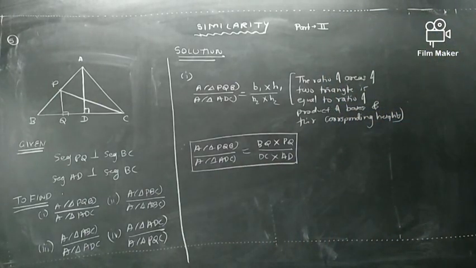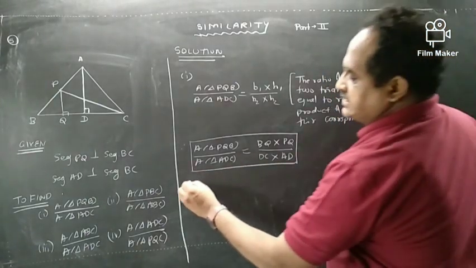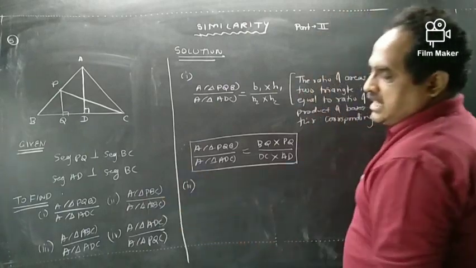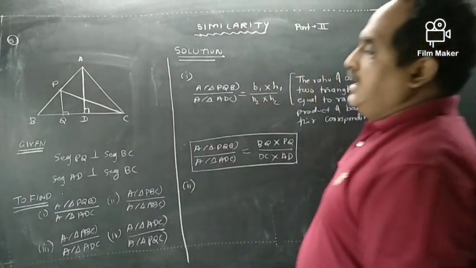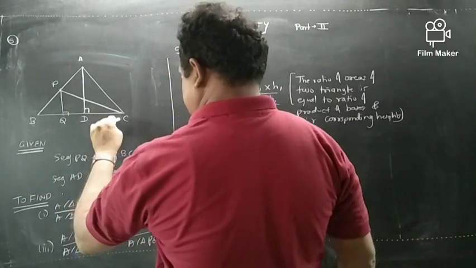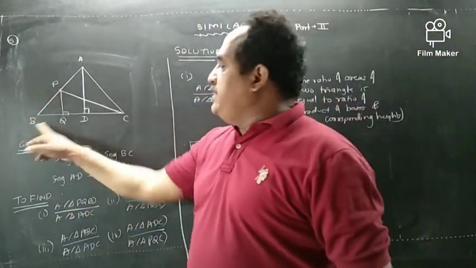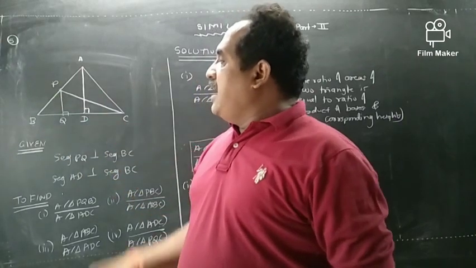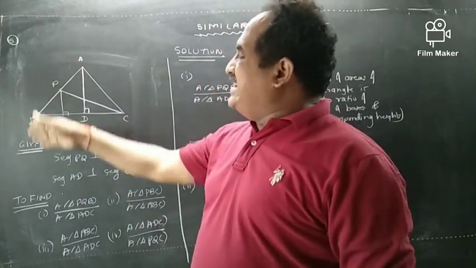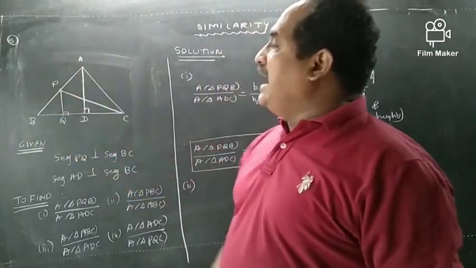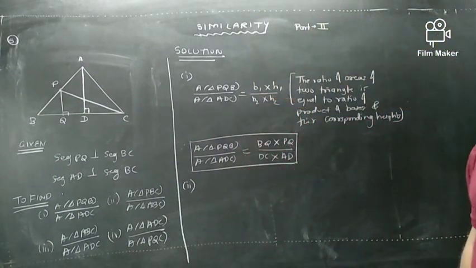Now we go for the second question. Second question is PBC and ABC. If you see the triangle PBC, its base is BC and height is PQ. ABC's base is BC and height is AD. Means BC is the common base.